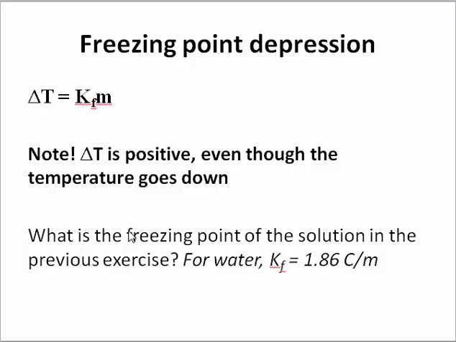So we can begin by considering the freezing point of the solution in the previous exercise. Now the freezing constant for water is 1.86 Celsius per molal. You should be able to use information you've obtained from the previous calculation to solve this problem before continuing.